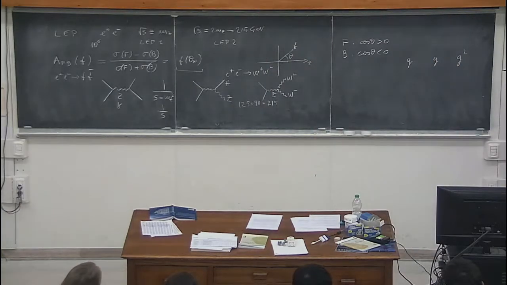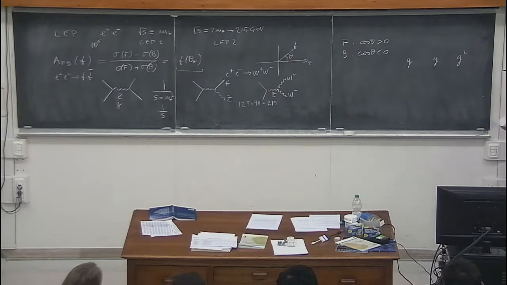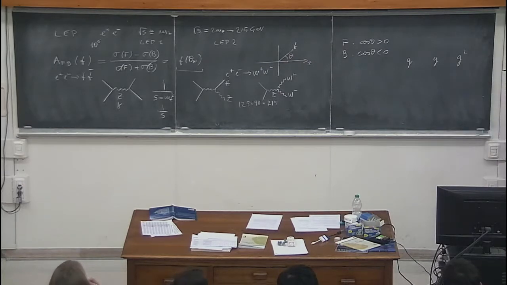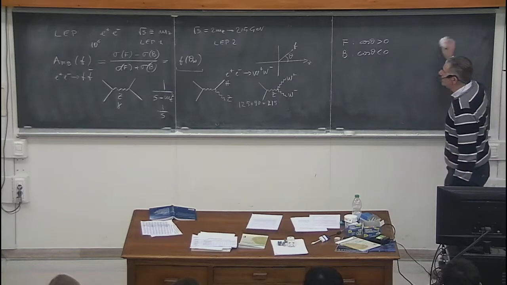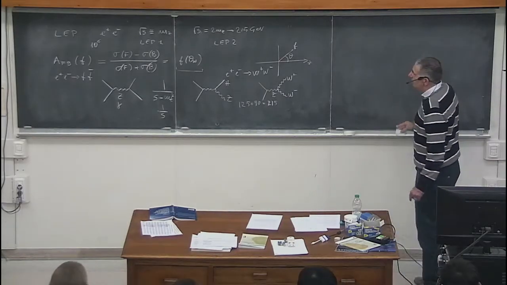There was a big issue, of course, because the machine was running very well. After 12 years of operation, the detectors were known to great accuracy, and people at LEP wanted to keep running the machine for another couple of years, but at the same time the LHC was being built, and the management of CERN didn't want to slow down the progress of LHC, so they decided to stop.